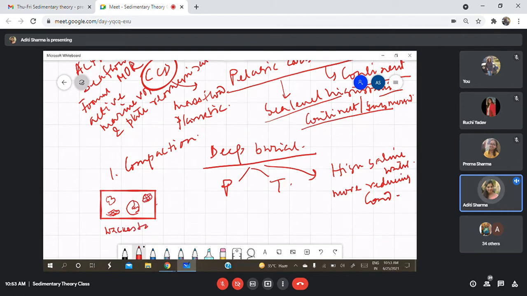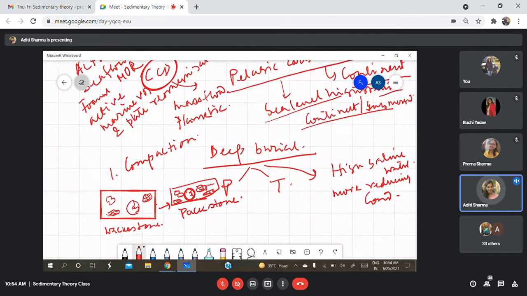Now it is going to deep burial. So in deep burial, what will happen? It becomes packstone. A wackestone can transform into packstone, because you are compacting it.